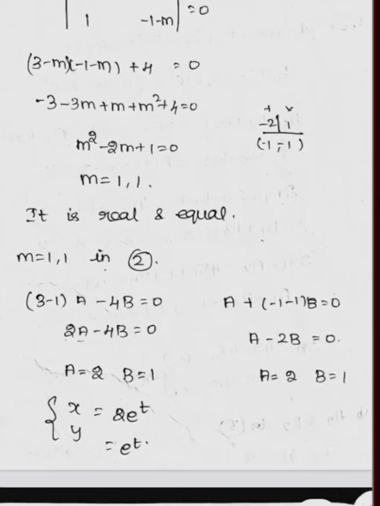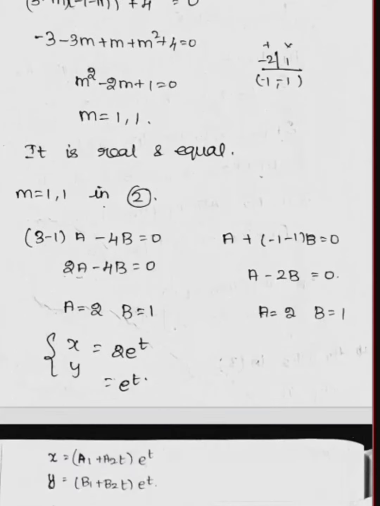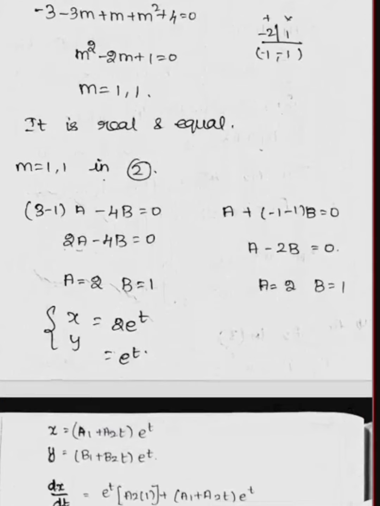So now, the roots are real and equal, which means you got x equal to a1 plus a2 into t of e to the power t. If it is a complementary type, in the previous unit you derived that if it is real and equal, it means a plus bx into e to the power mx.